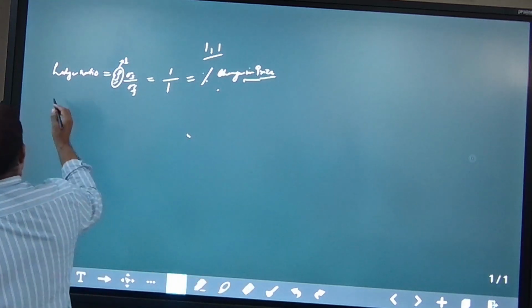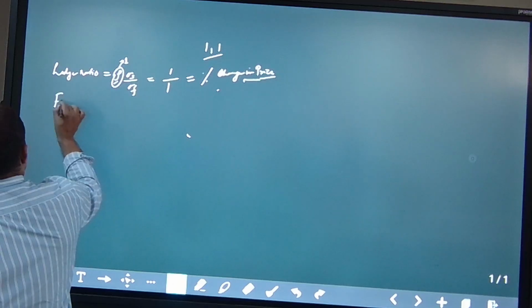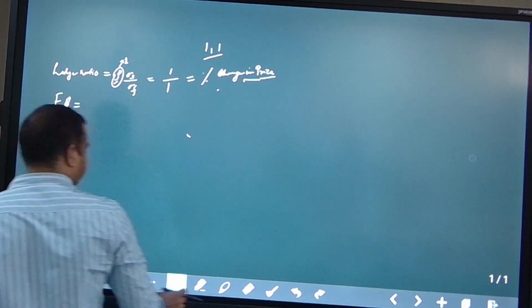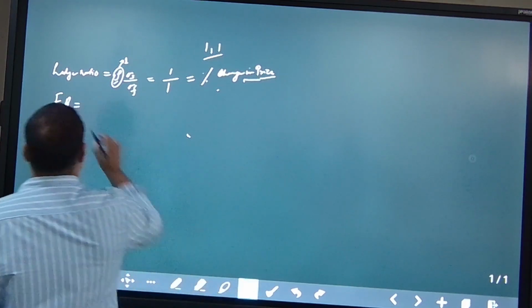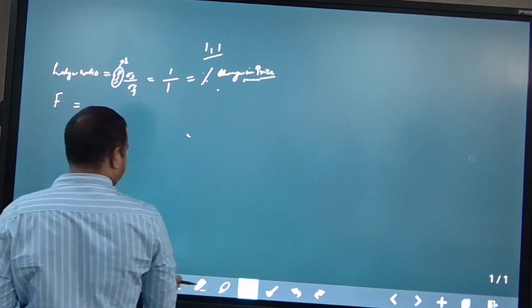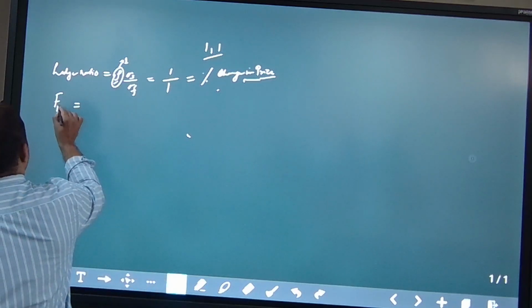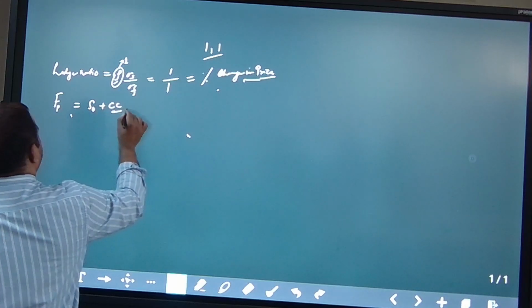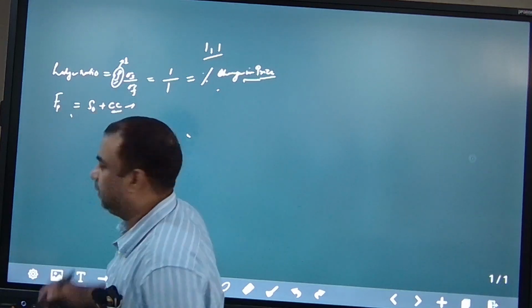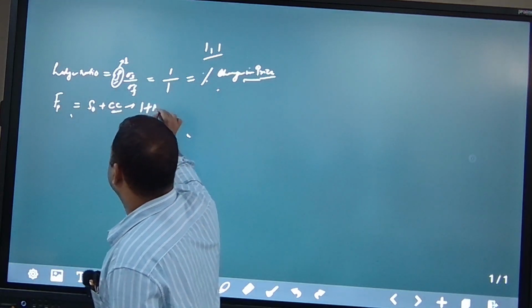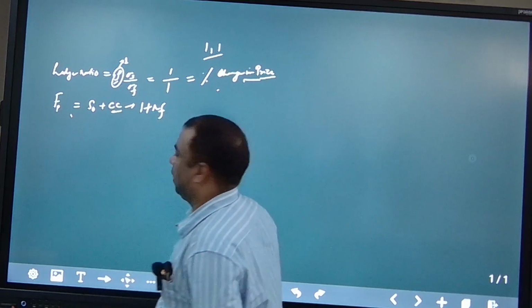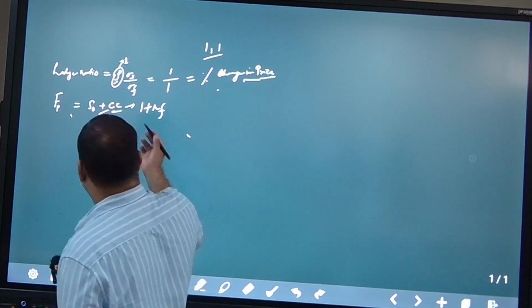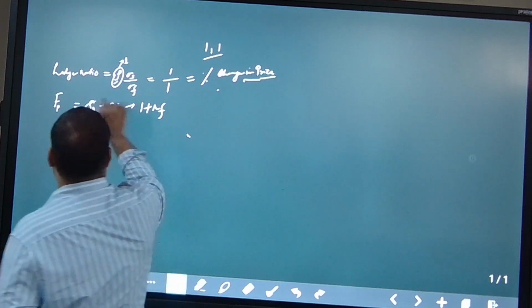So we have formula of future price is equal to spot price plus cost of carry, and this cost of the carry is simple compounding. You write like this, and in terms of simple compounding you can write this formula.